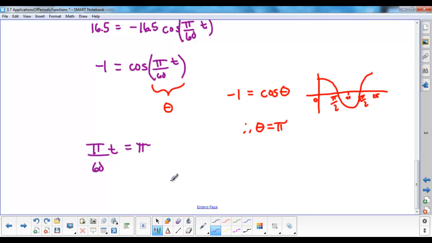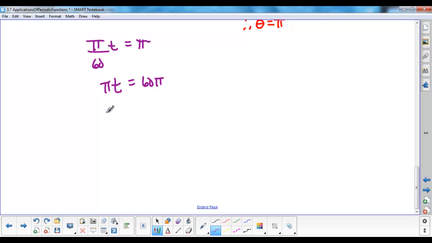Now we just cross-multiply and solve for t. If I cross-multiplied, I'd be left with pi t equals 60 pi. Then if I divided both sides by pi, they cross each other out, and we're left with t equals 60.